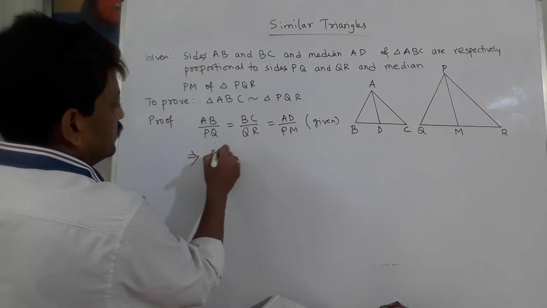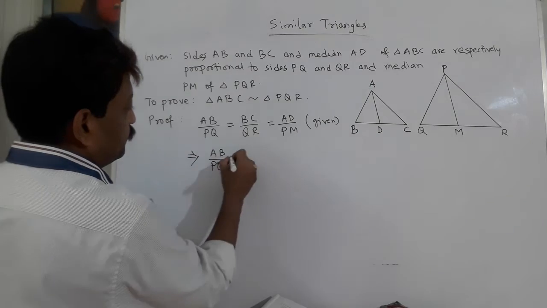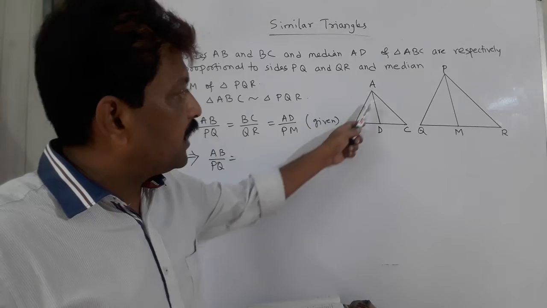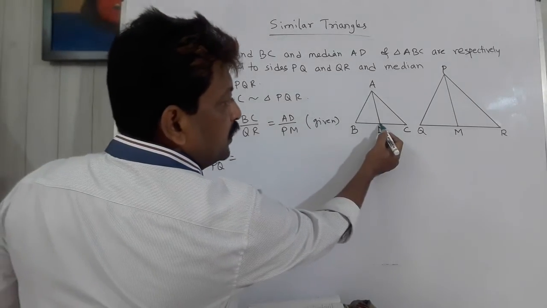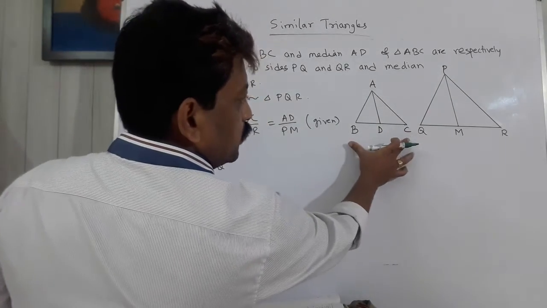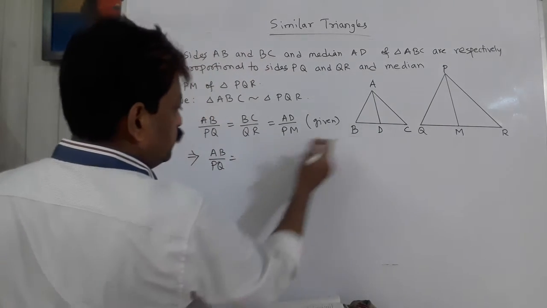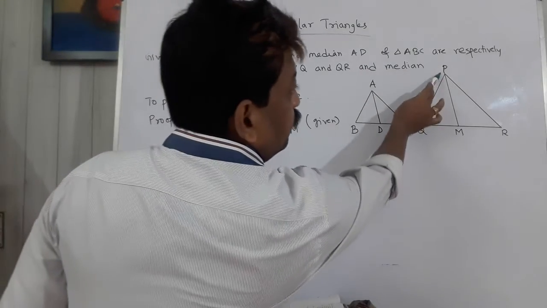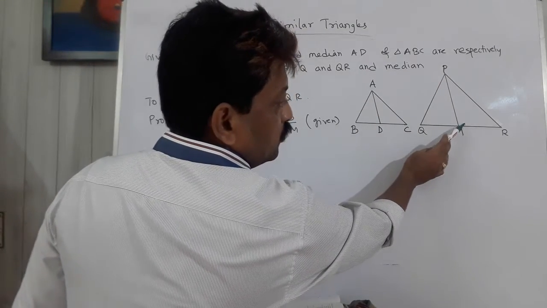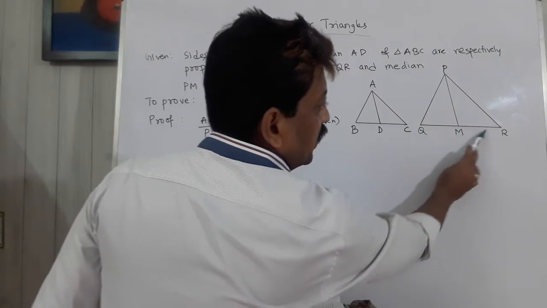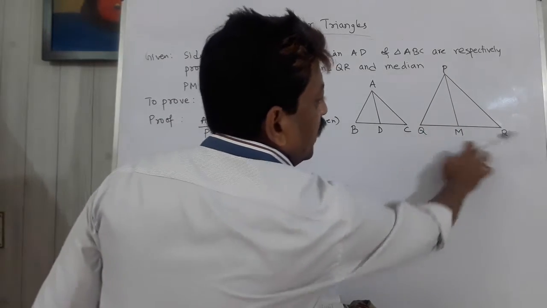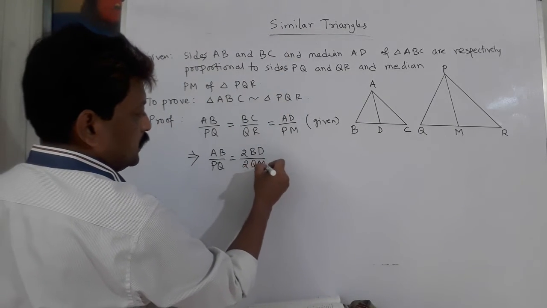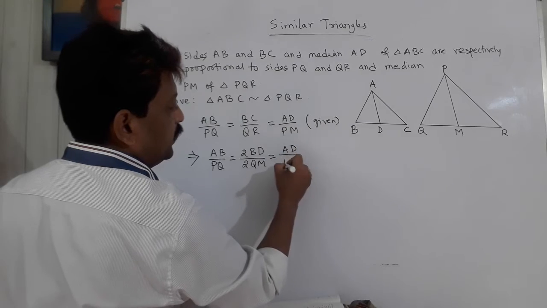So we can say that AB upon PQ. Now since AD is the median of triangle ABC, D is the midpoint of BC. So in place of BC, we can write 2BD. Similarly, PM is the median of triangle PQR, so M is the midpoint of QR. Therefore, in place of QR, we can write twice QM, equal to AD upon PM.